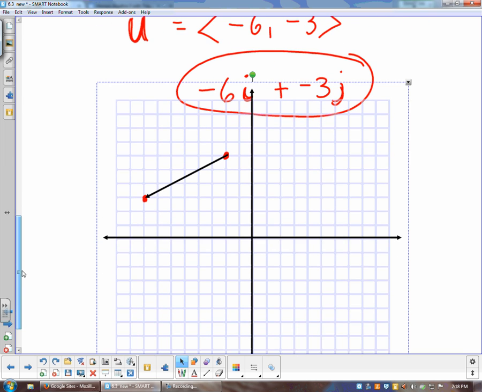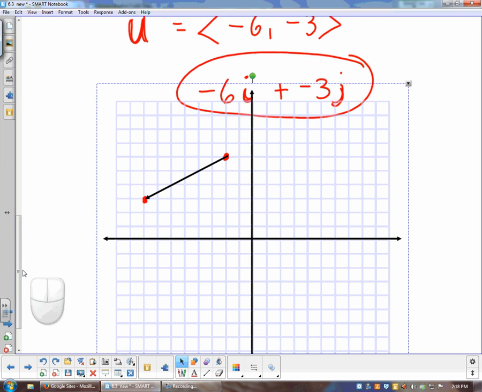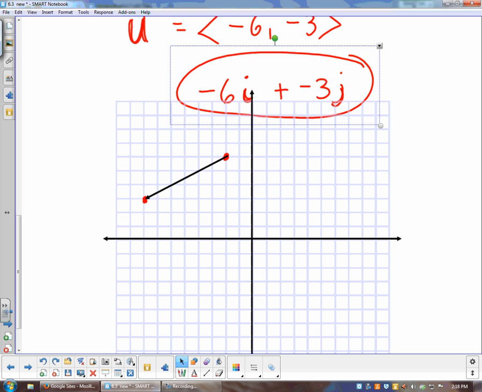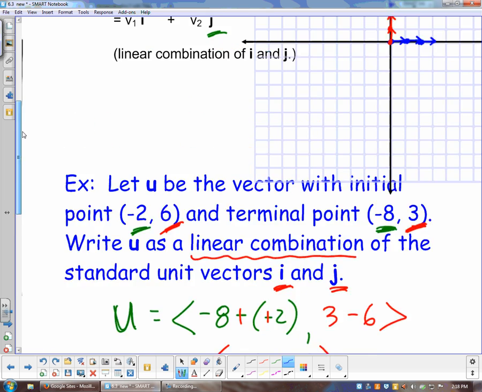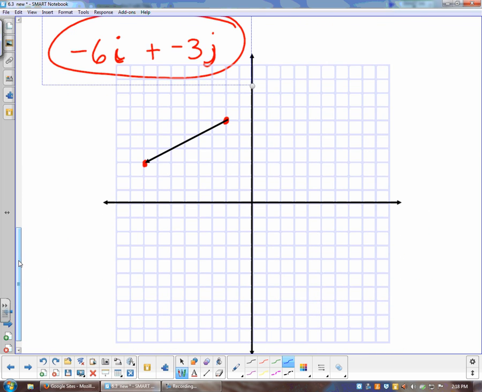And the standard unit vector of -6i plus -3j is basically saying, if I take -6 of these, blue for this one, so I take these little unit vectors, 6 of them, but they're all going to the left. So -6 of these unit vector i's, and I take -3 for my unit vector j.